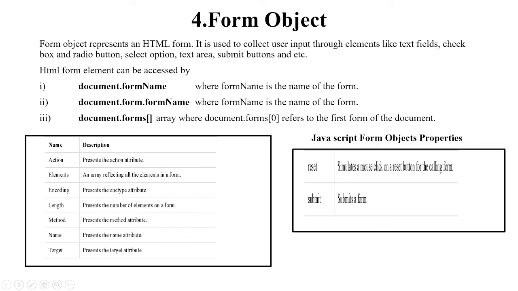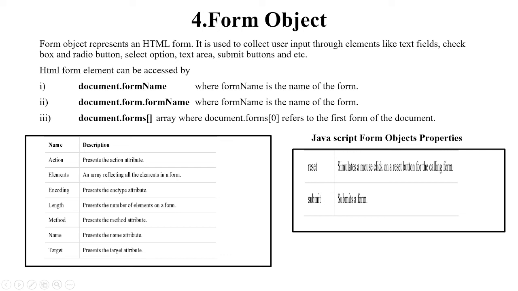document.form.formName. And suppose there is an array of forms, then we can access each and every form by its index number. And as we said earlier, the index number always starts with 0. Here we have presented different attributes, that is action, elements, encoding, length, method, name, and target, which are the different form object attributes, and the descriptions presented here specify what is accessed by using those names.